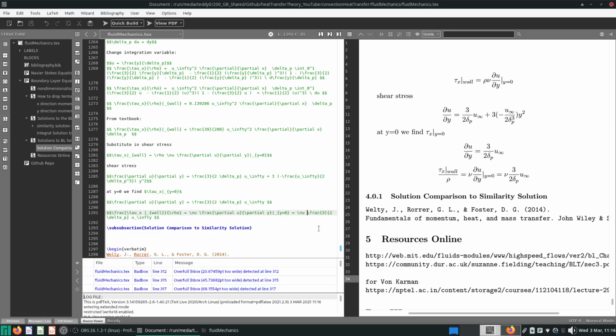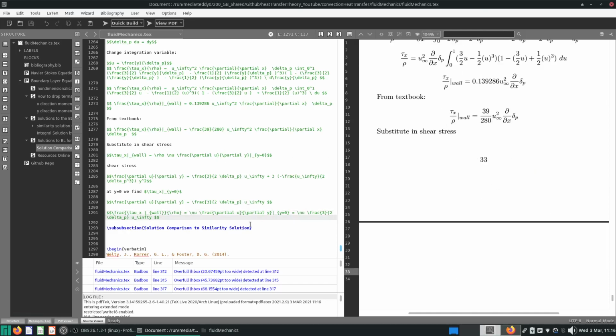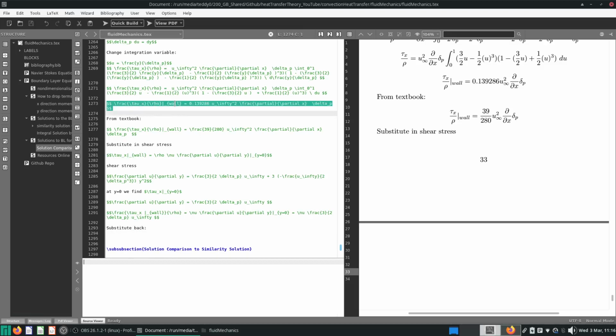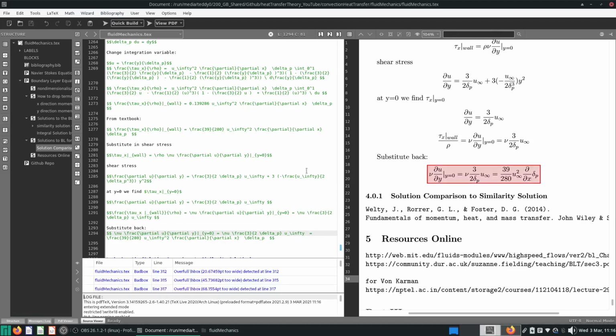Okay, so now we have this expression. We can just plug that back in here. Substitute back. So this expression we will use right here. And now we have a very simple-ish expression.